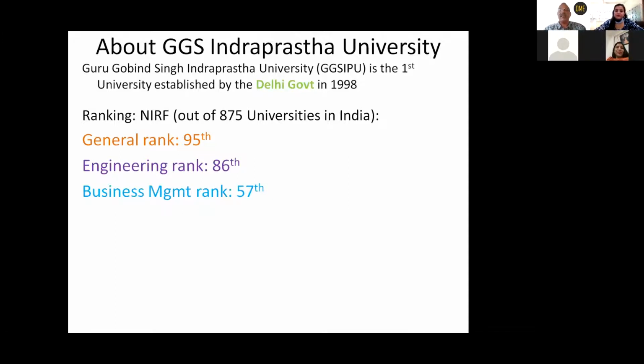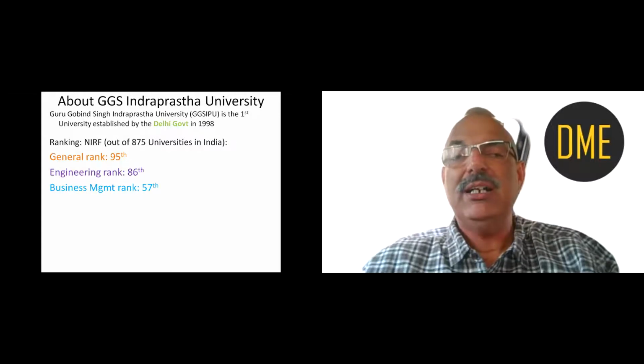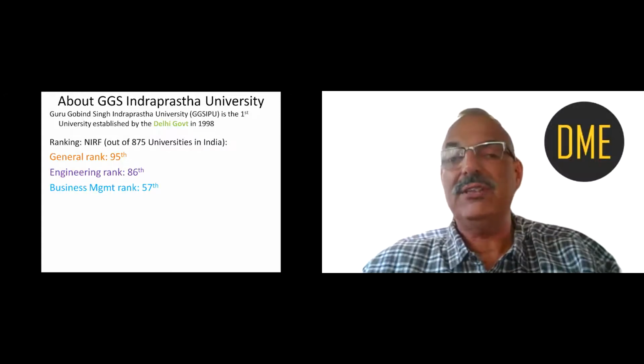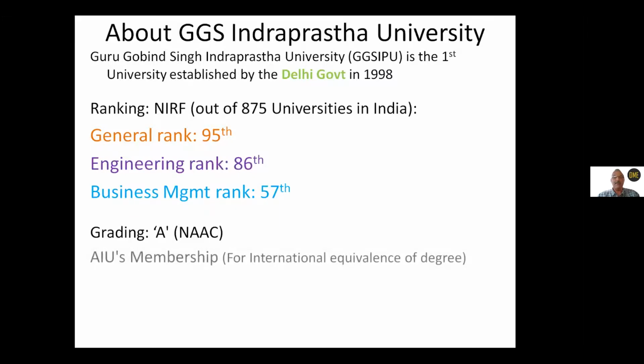So 95th ranking simply means that IPU stands among the top 10 percent of universities in our country. While we talk about other courses like engineering, the rank is still better. And for courses like business management, the rank is 57th, which simply means IPU is among the top 5% universities in our country. Let us know more about IPU.